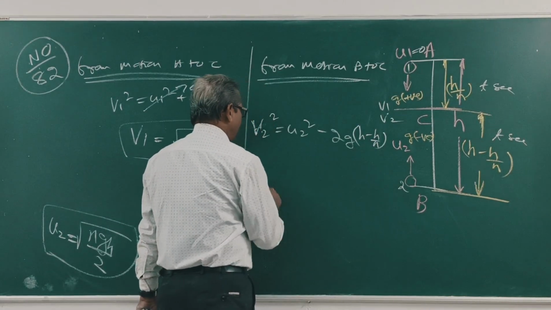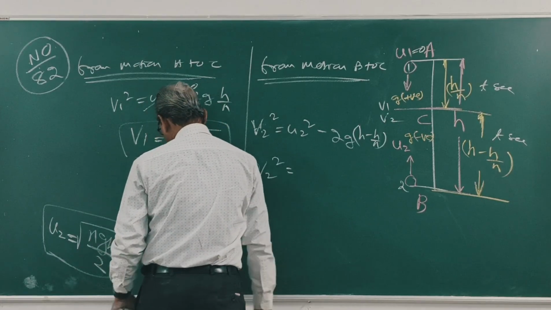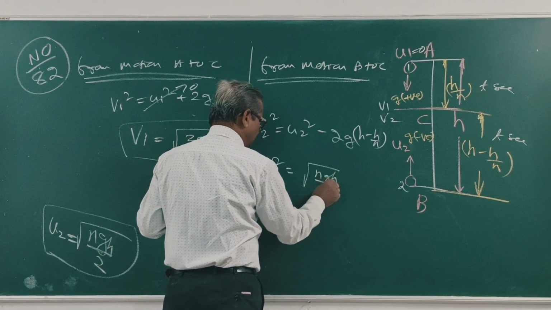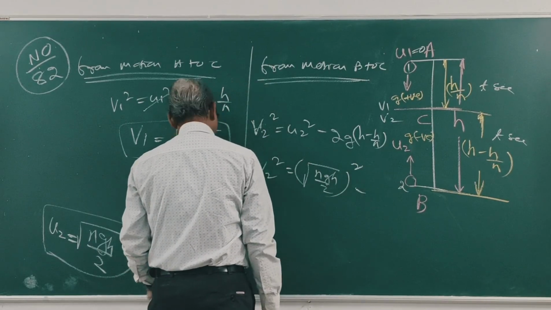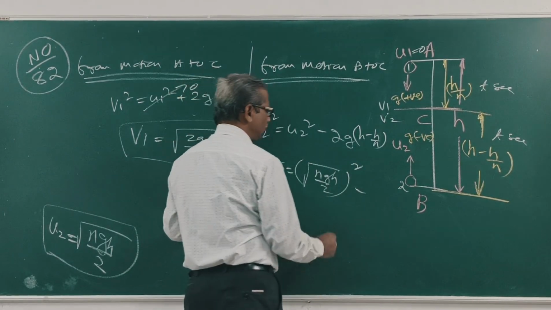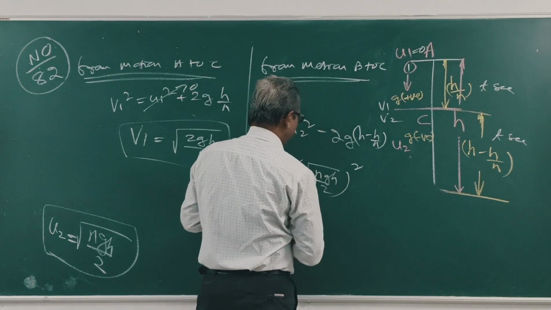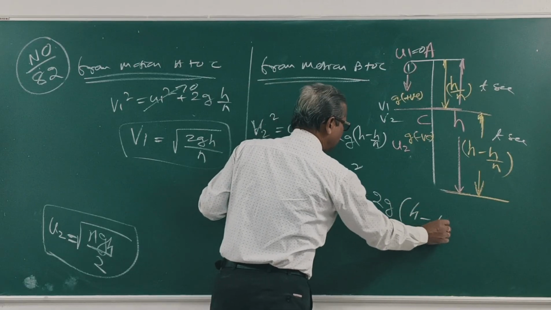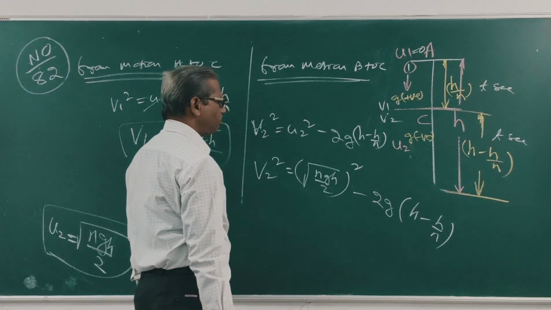So v2 square is equal to u2 square. What is u2? Root ngh by 2, squared, minus 2g into h minus h1. Clear?